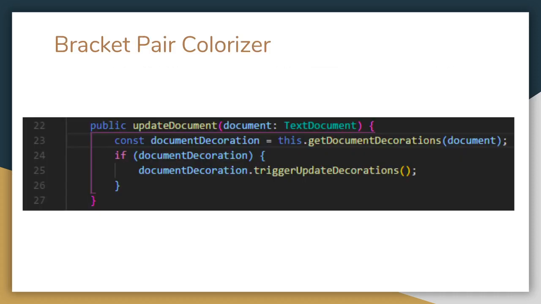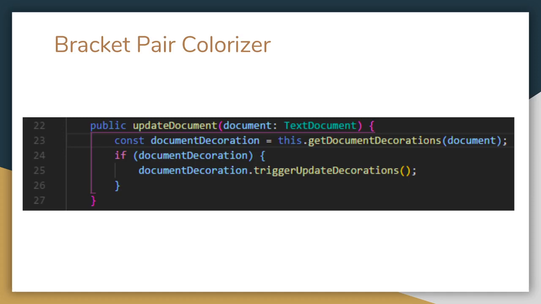The next one is Bracket Pair Colorizer. This basically just colors the different braces, parentheses, and brackets. It's not super necessary for HTML, but it's really nice for CSS, really nice for JavaScript.